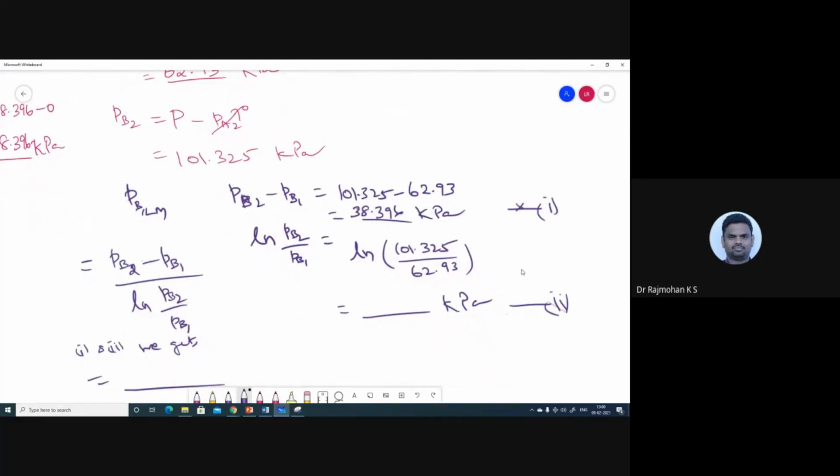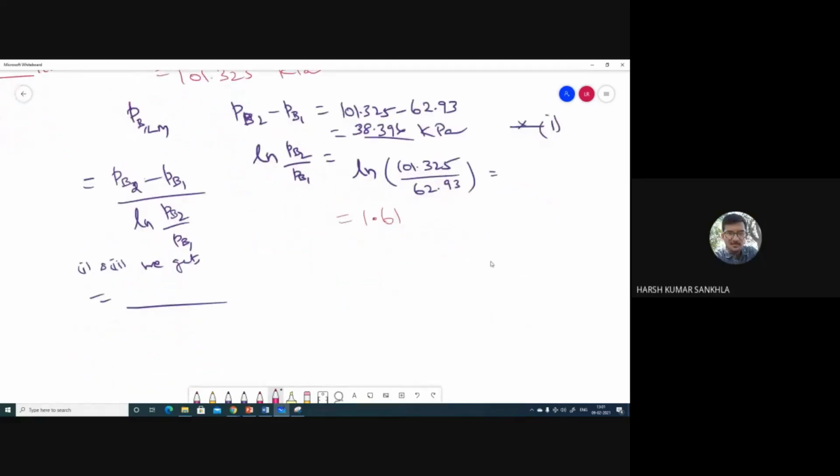So the ln value: ln of 1.61 is 0.476. Yes, sir, that is ln of 1.61, that is 0.476.